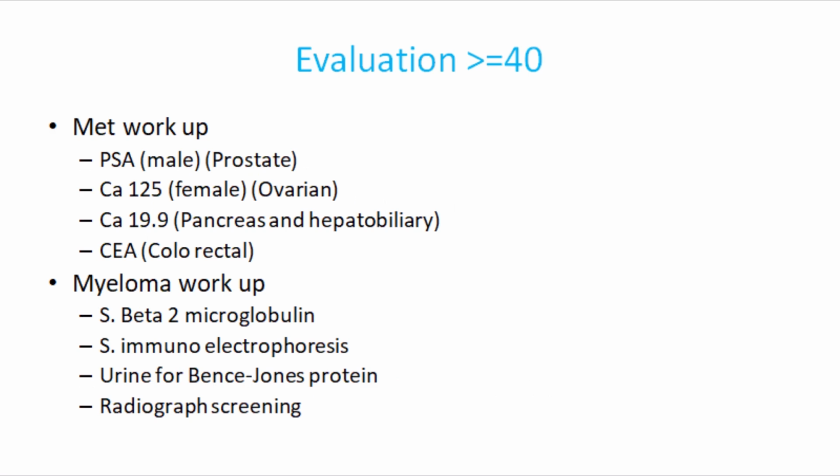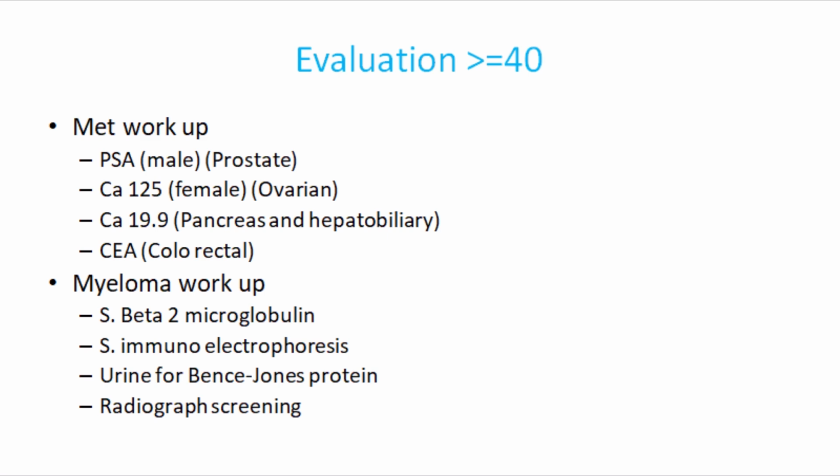If history and examination don't help, next is the metastasis and myeloma workup, which comprises blood investigations including tumor markers such as PSA for prostate malignancy, CA-125 for ovarian tumors, CA-19.9 for pancreaticobiliary malignancies, and CEA for colorectal malignancies.